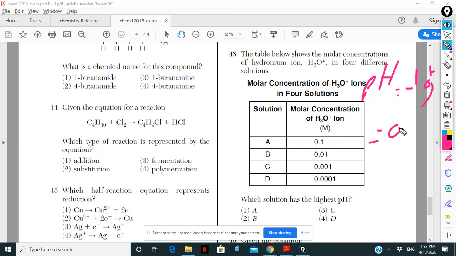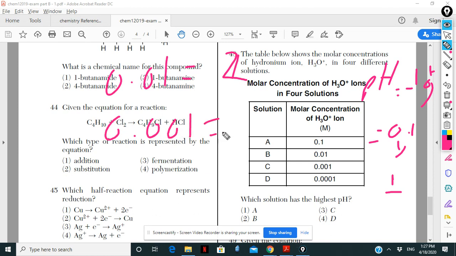So for 0.1, it gives me 1. For 0.01, it's going to give me 2. For 0.001, it's going to give me 3. You can use your calculator to find the log of these numbers, but it's not going to come with a negative, that's why I have to switch the sign. So that's 4. So D is the highest since it's giving me 4.